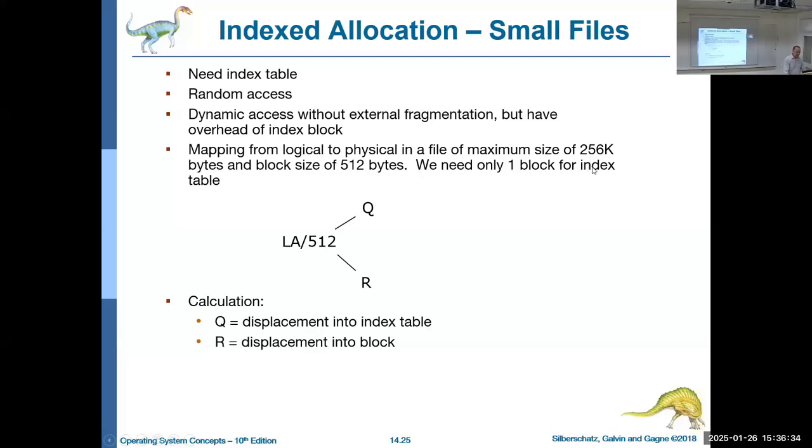Kilobytes. I think I understood. The file size of 256 kilobytes requires how many blocks for the index table? No, just how many blocks, a simple question I'm asking you. A 256K file of blocks of 512 bytes. Well, if it would be blocks of 1024 bytes, then how many blocks would I need? 256.